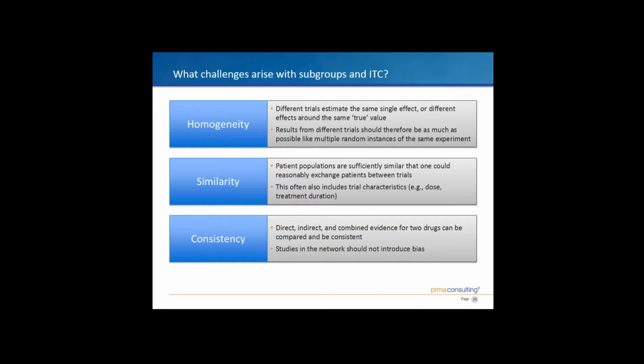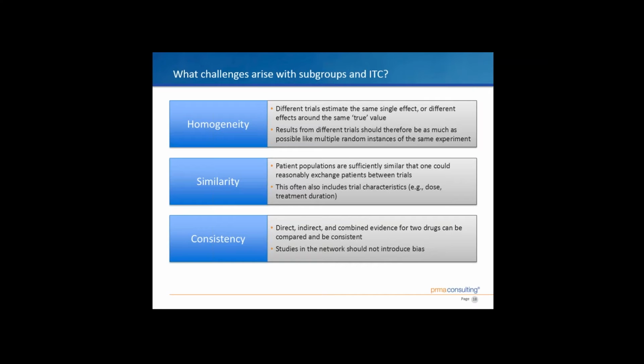Similarity says that the patient populations across those multiple studies are similar enough that they're reasonably exchangeable. You are comparing like with like. And consistency is more of a structural assumption within a treatment network for ITC, which assumes that if you were to take only the direct head-to-head comparisons of drug A versus drug B, only the indirect comparisons of drug A versus drug B, or the combined evidence, you should get reasonably close answers for all three.